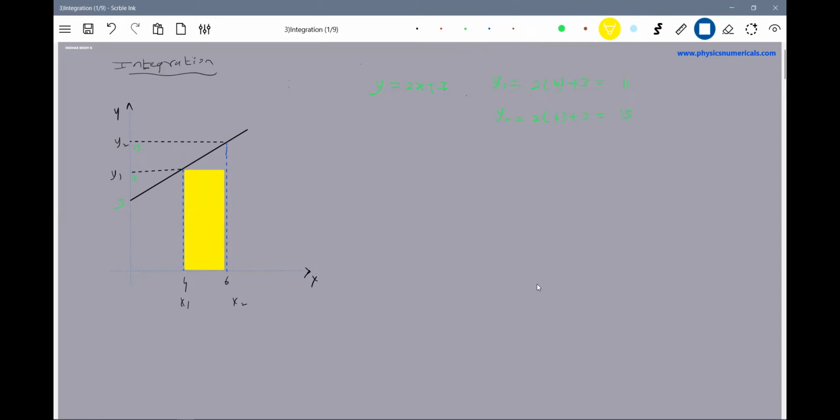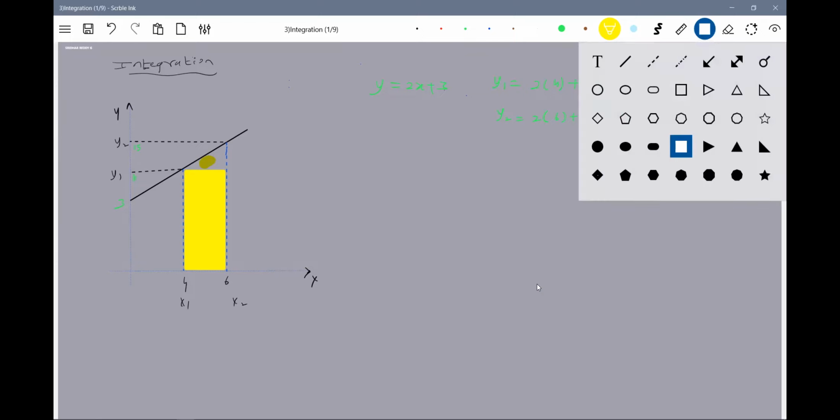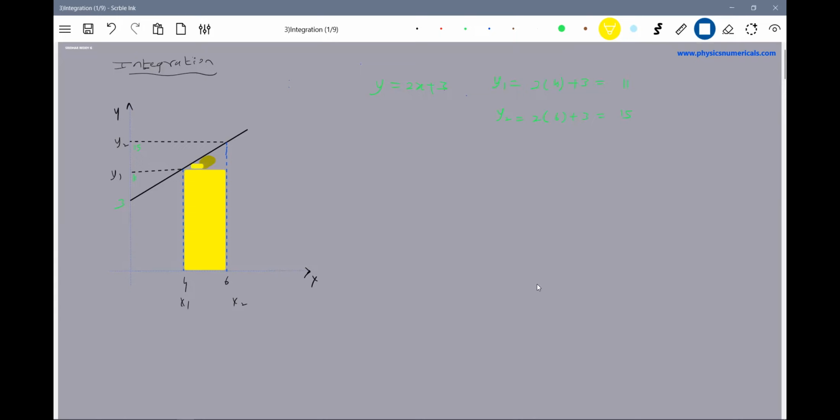So what do we have to do? What is the area of this particular shaded strip? Let me go for a smaller one.